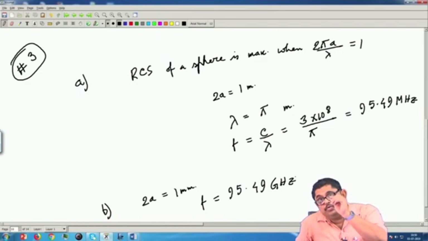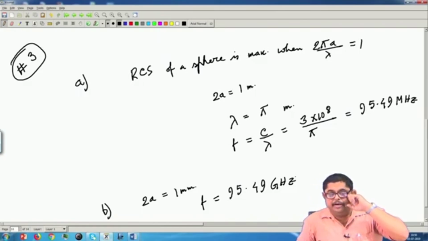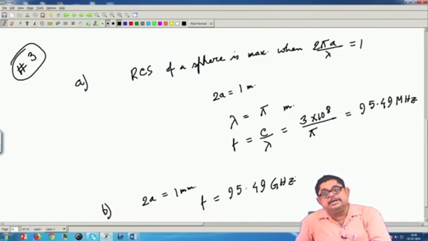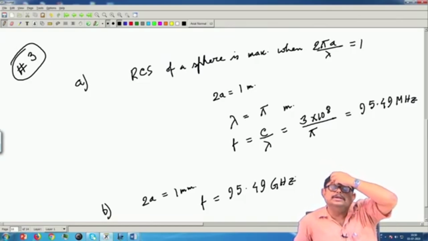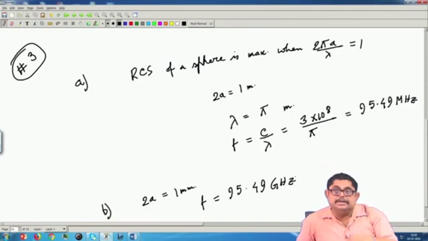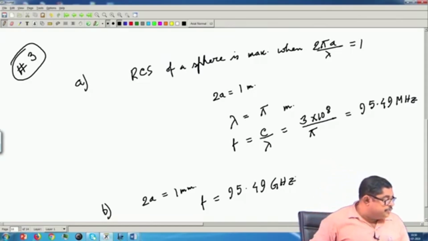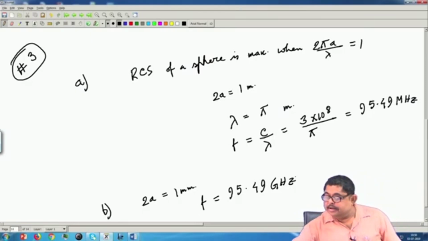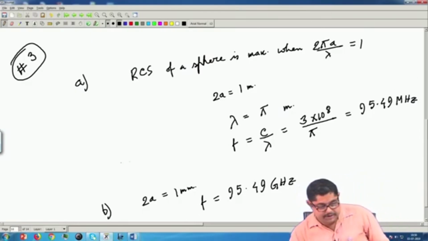But if I want to observe rain, I said also in the class that you will have to scale up the frequency. So, if I want to observe rain, if I want to observe weather, I will have to go high in frequency, so that then the RCS of the thing becomes the same. So, this is also an important lesson.